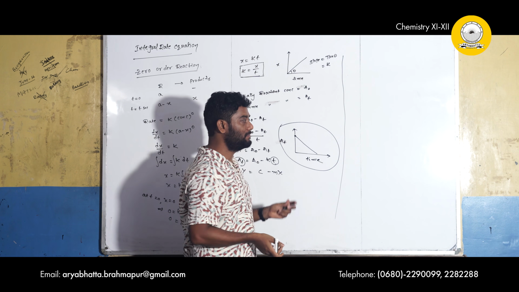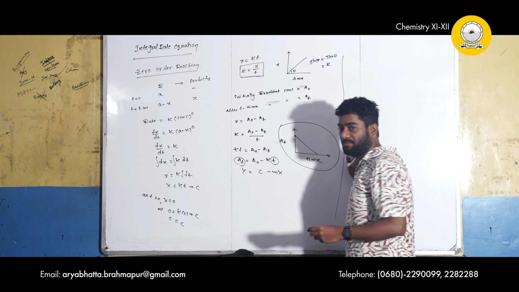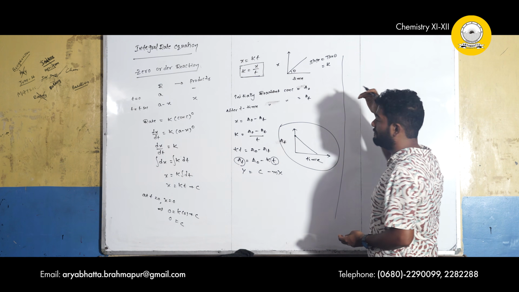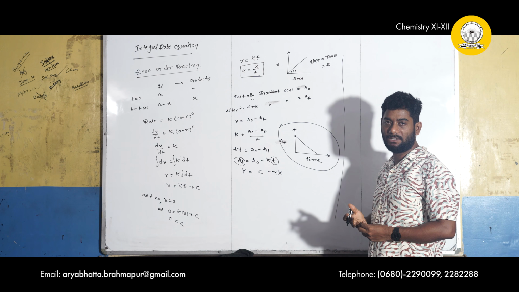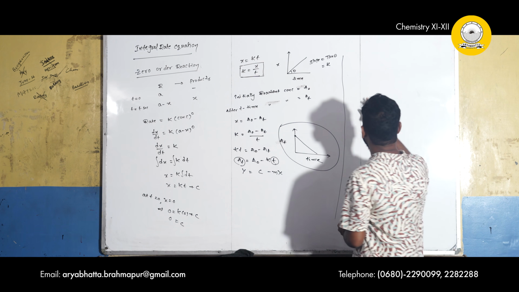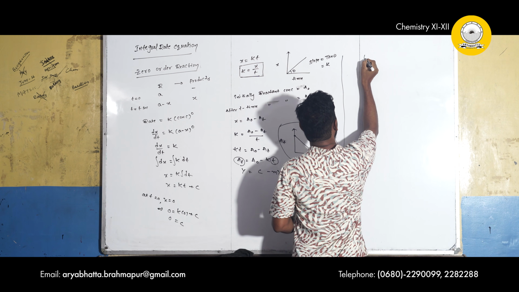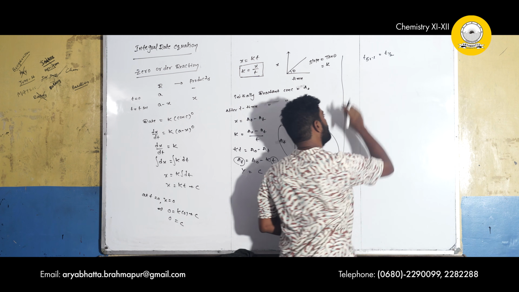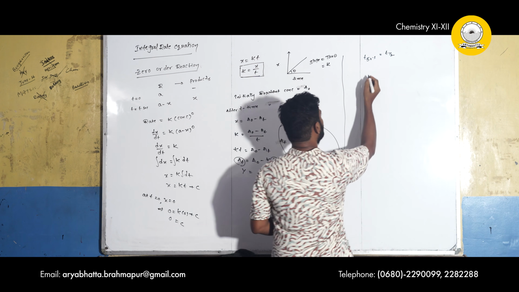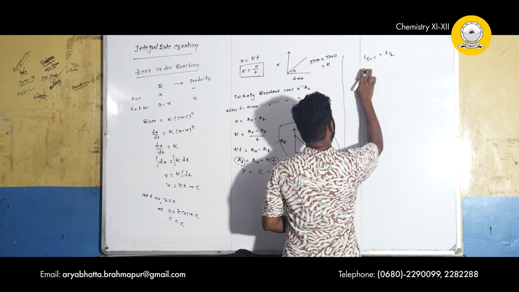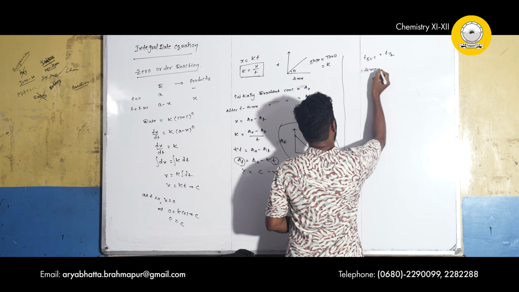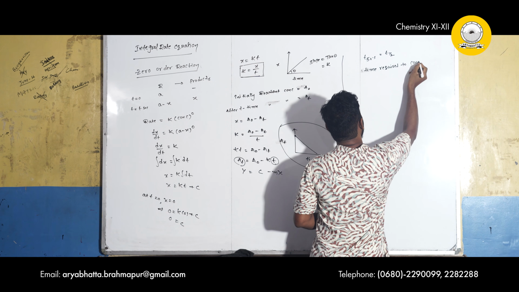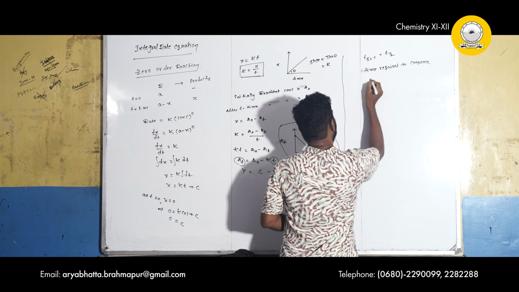Like that they will ask, whatever the order, zero order, first order or second order. The question may mention 50%, 25%, 75%. For a given t 50%, or they can give it as t half, what is needed is the time required to consume half of the reactant.